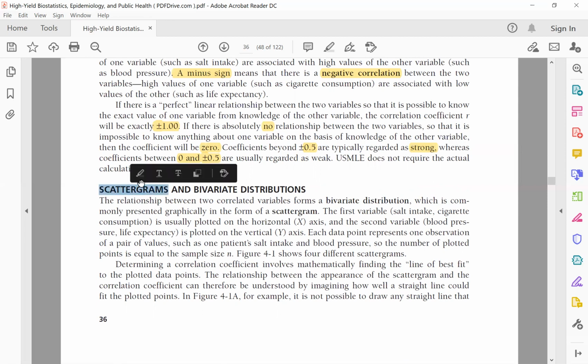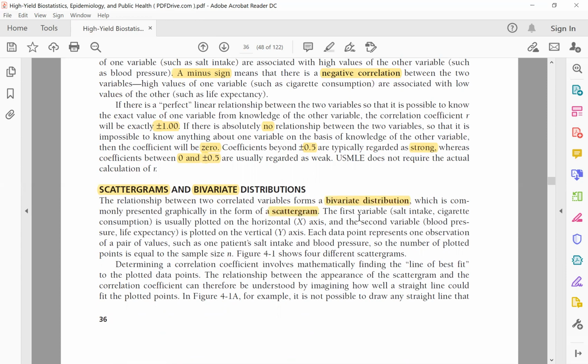Scattergrams and bivariate distributions. The relationship between two correlated variables forms a bivariate distribution, which is commonly presented graphically in the form of a scattergram.